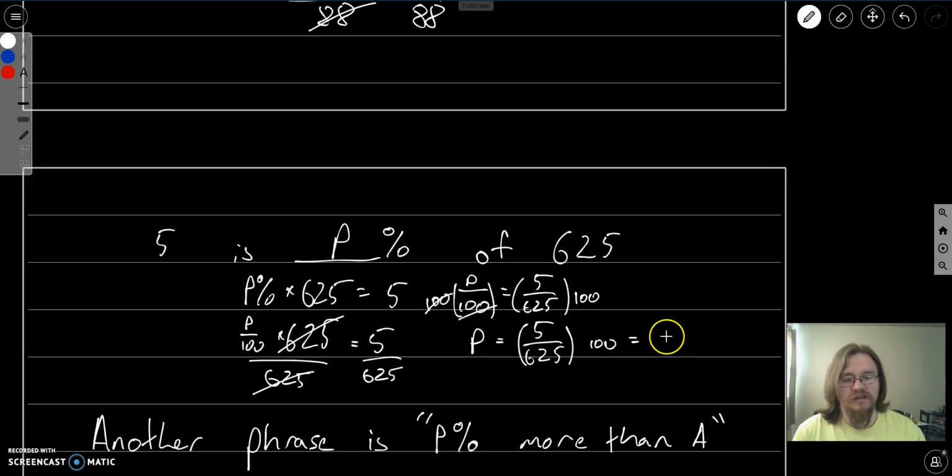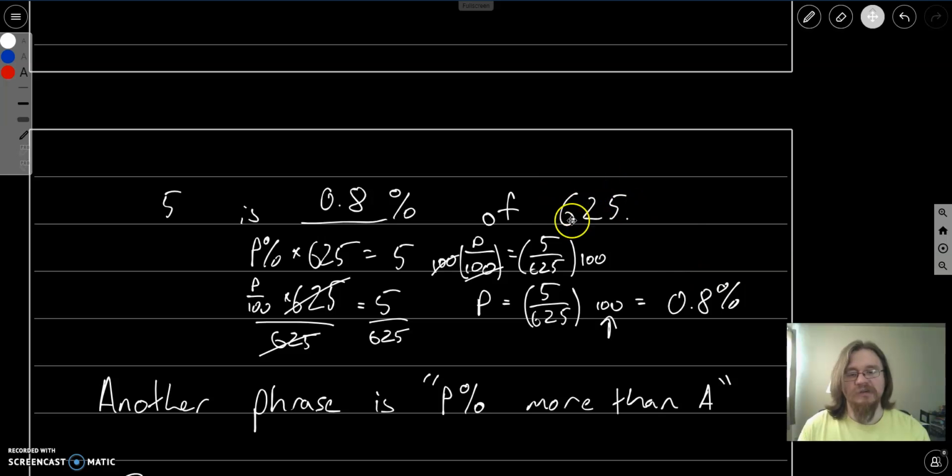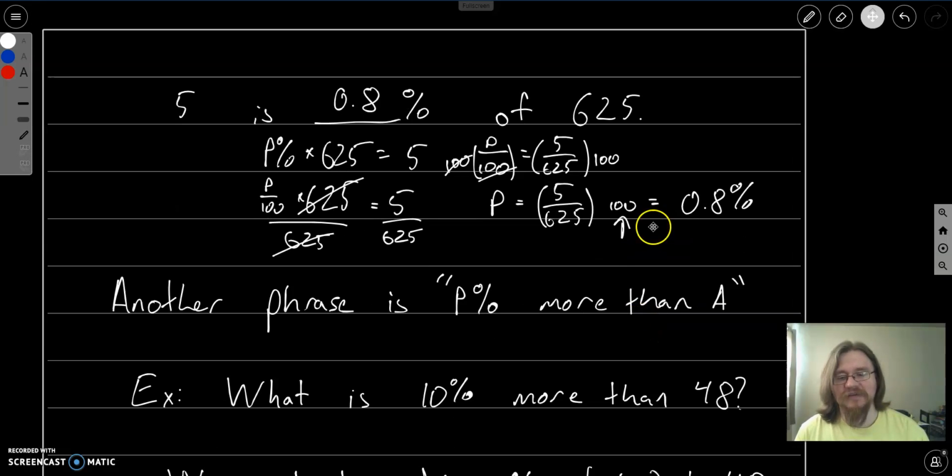And I should get 0.08. And this is 0.08%. This is already a percent because I'm multiplying by 100. So this p is going to be pretty small. 5 is going to be 0.08% of 625. Less than 1% of 625, which makes sense. 5 should be 1% of 500, so it's a little bit bigger than that.